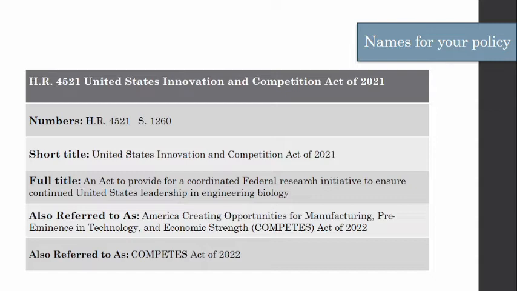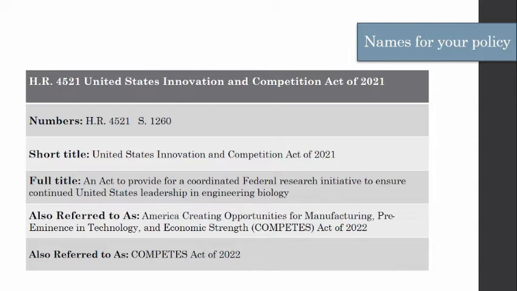You'll find that sometimes other people, especially other politicians, refer to a bill in a different way. In this case, the Biden administration referred to this bill as the America Creating Opportunities for Manufacturing, Preeminence in Technology and Economic Strength Act of 2022, shortened to COMPETES. This is because there was another bill previously known as the COMPETES Act.